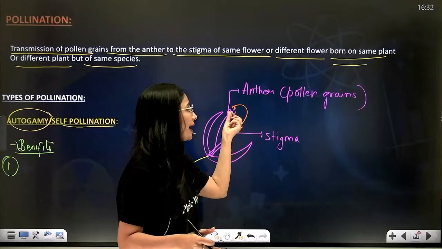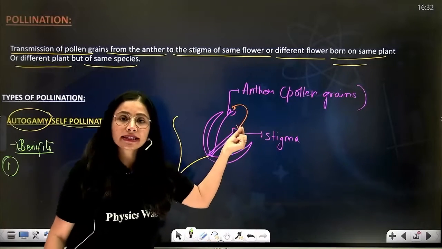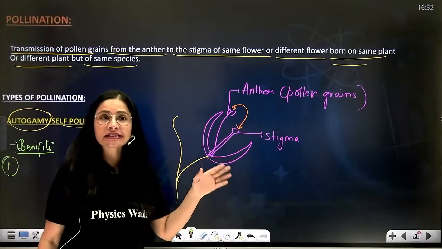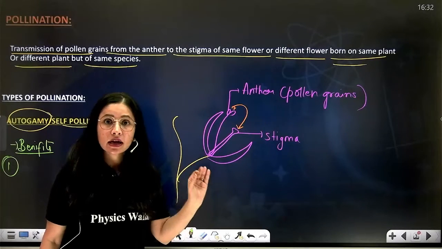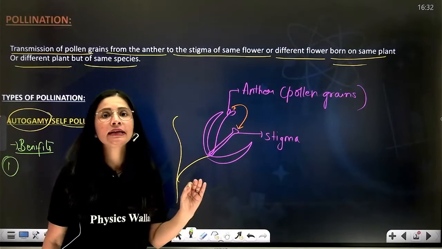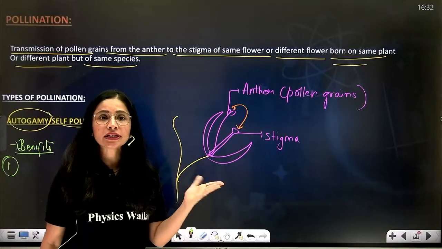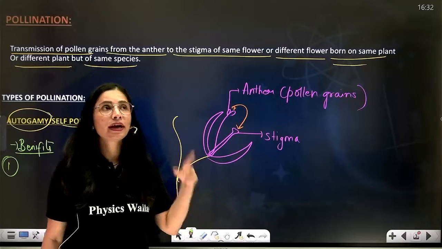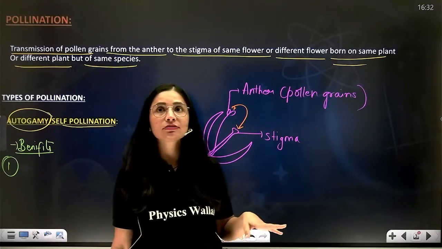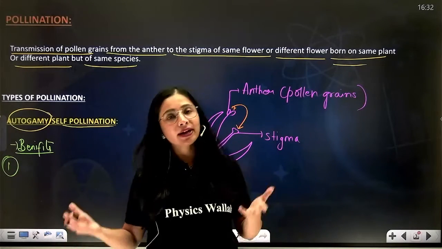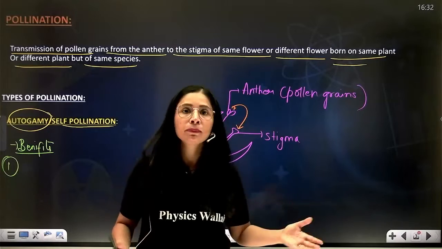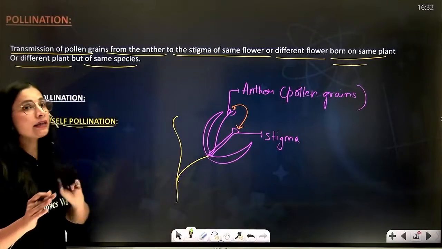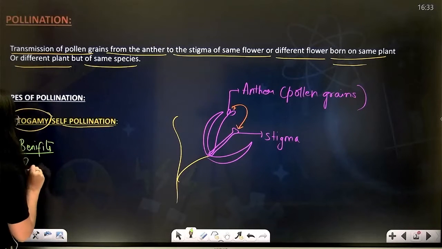See, whenever the anther is going to burst, automatically the pollen grain will fall on its own stigma. So no agents are required. Thus, pollination is independent. Pollen grains need not wait. Stigma need not wait. Okay, pollen grains will come. When will they come? When the wind will bring? When the water will bring? No. Pollination is independent of agents.